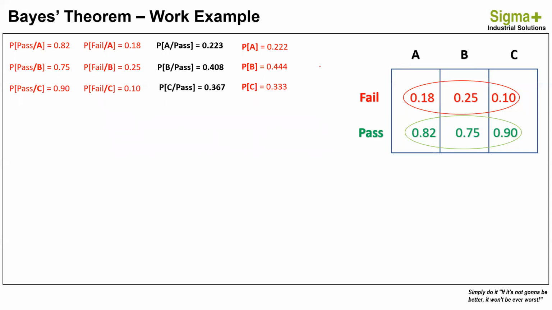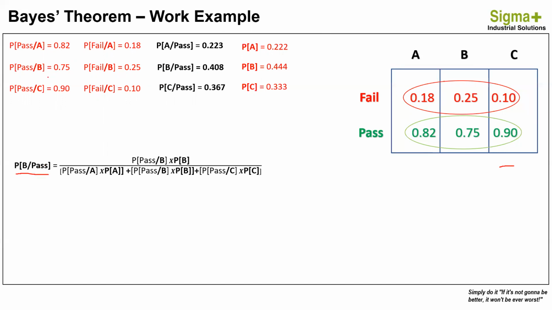So as you can see, what I did here is that I listed all the answers here, because now what we are going to do is use the formula of the Bayes theorem to calculate the probability of B subjected to pass conditions, right?